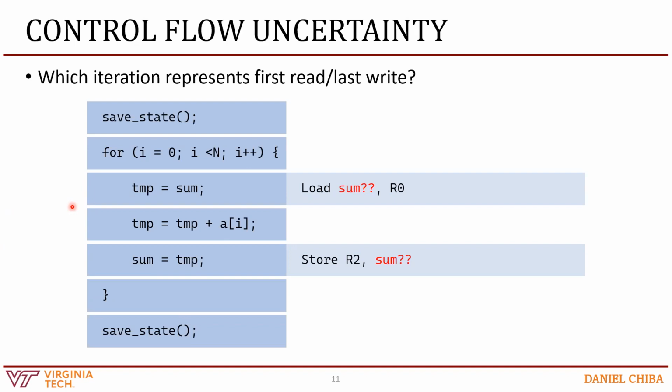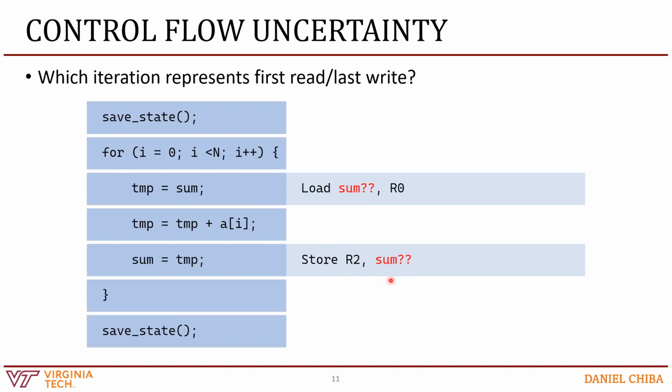And we want to read from non-volatile memory for the first read of that variable within a computational interval. So in this case, whether it's the first or the last access depends on the value of I. So we don't know where to load sum from over here, and we don't know where to store sum in this line.